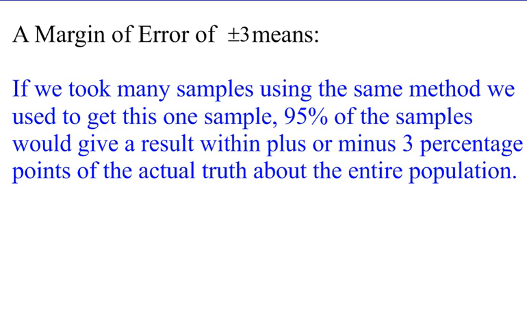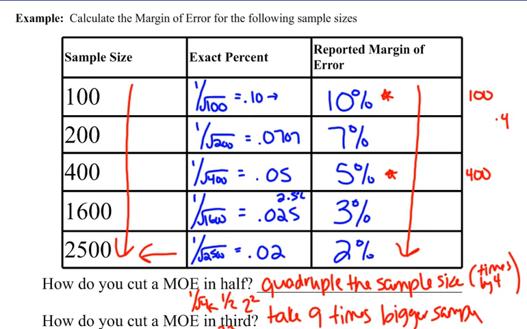So what that really means, because that's a bunch of words that don't really make sense. If I was going to survey our school, and let's say I put everyone's name in a hat and drew out kids. Actually, let's go back. 3% was what? How many kids would I survey? 1,600 kids. So let's pick a school that's got a population of like 3,000.